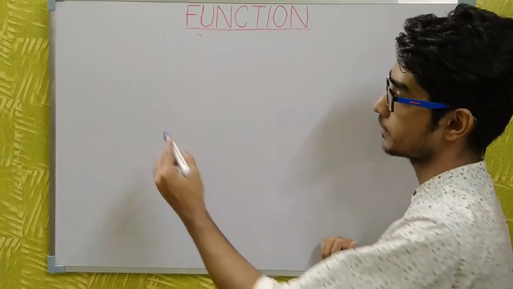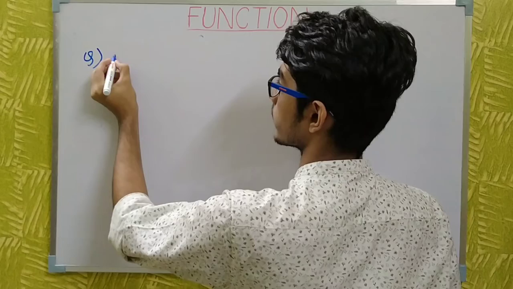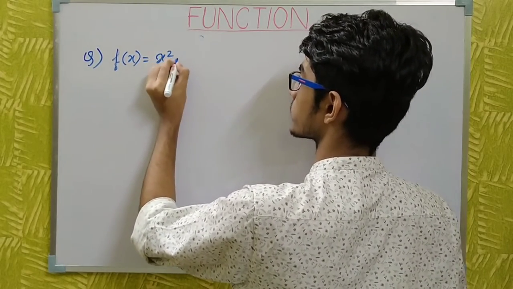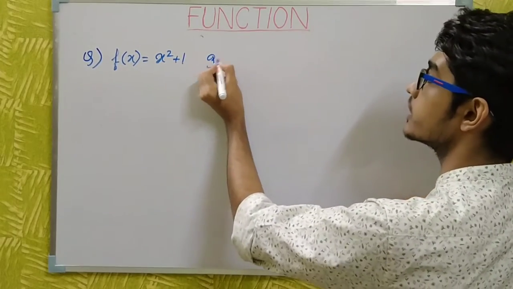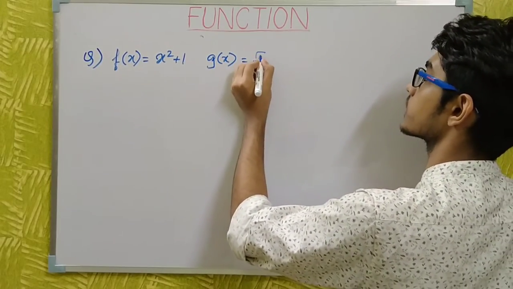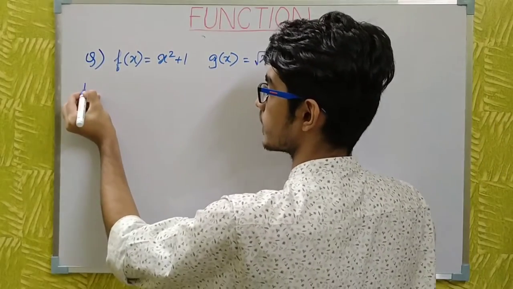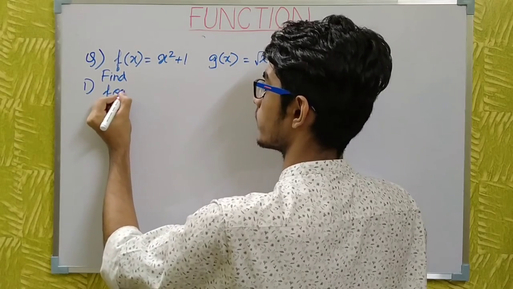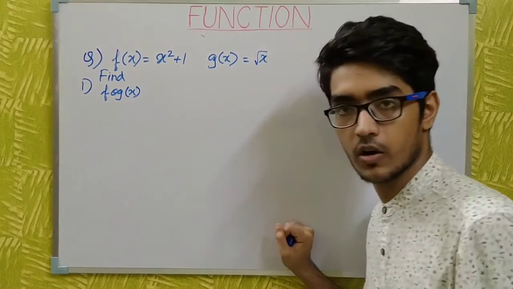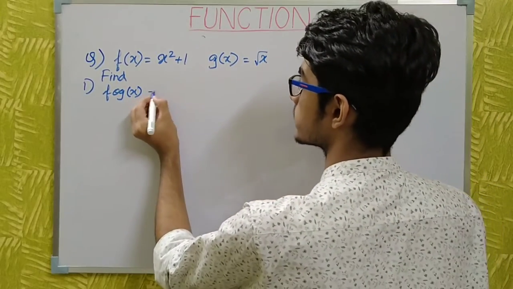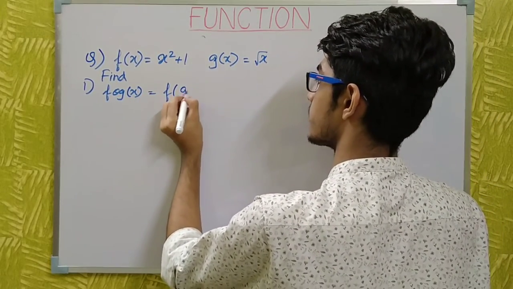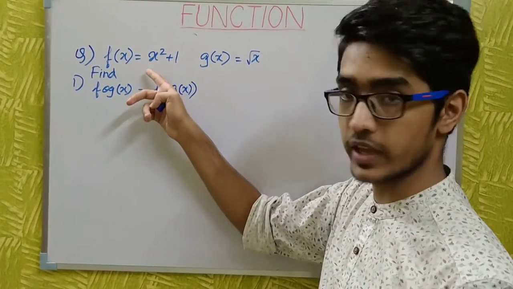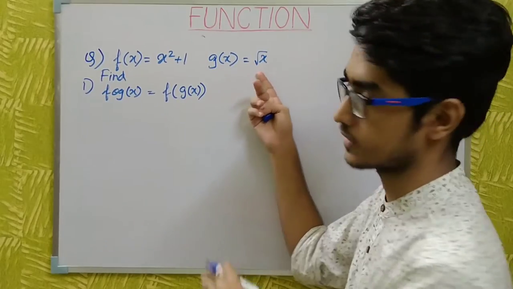Now let's take a sum. Suppose it is given fx equals x square plus 1, and gx is root x. First we have to find fog x. We have already told that fog x means f of gx, meaning in the function of fx, in the place of x we will put the function of gx.